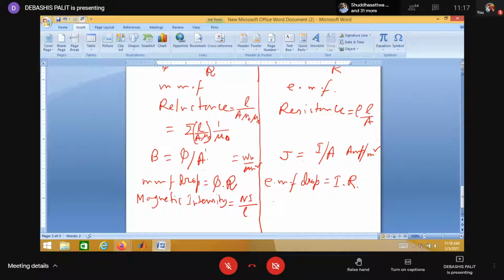Just like electric field intensity, that is the magnetic field intensity, and just like electric field intensity.